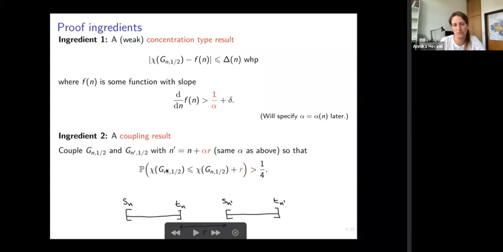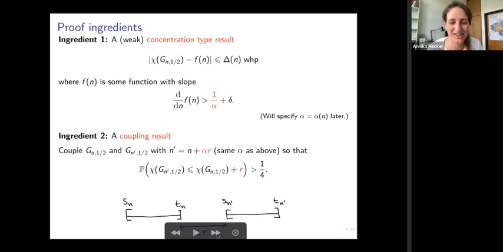If we generate G(n',1/2), then with high probability, the chromatic number is in this interval. And also with probability at least 1/4, the chromatic number goes up by at most r. And this implies that the difference between these intervals can be at most r. So if you increase n by alpha times r, then the interval shifts by at most r.